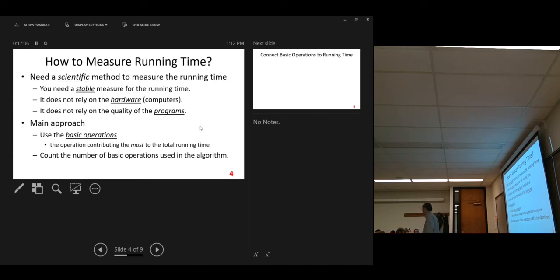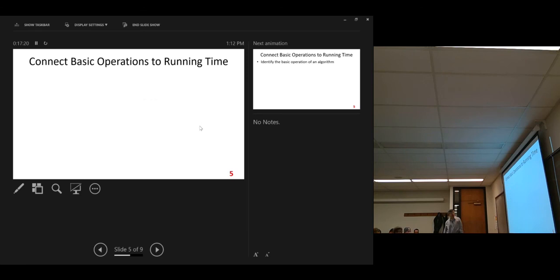So that's the basic thing. Next, we need to look at the formula connecting basic operations to running time. There is a close connection, but we want to look at what the connection is between these two concepts.